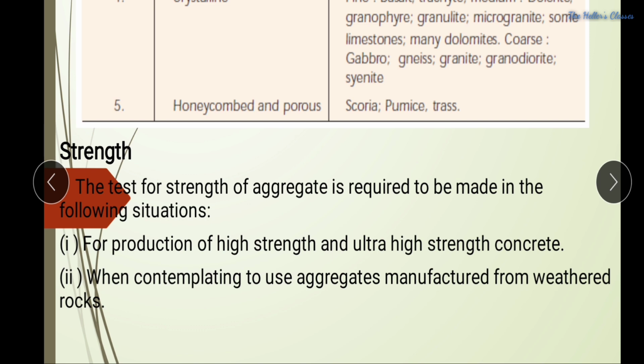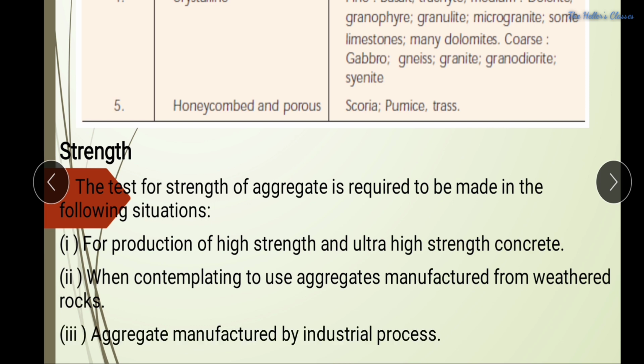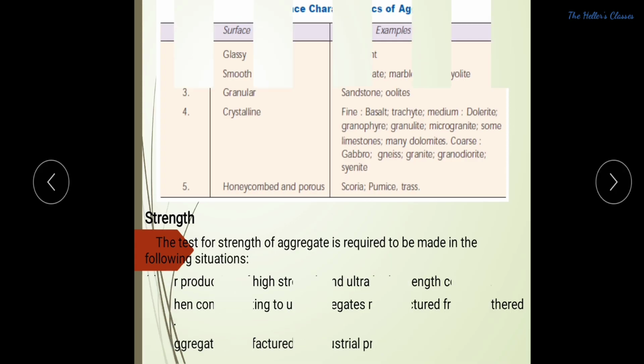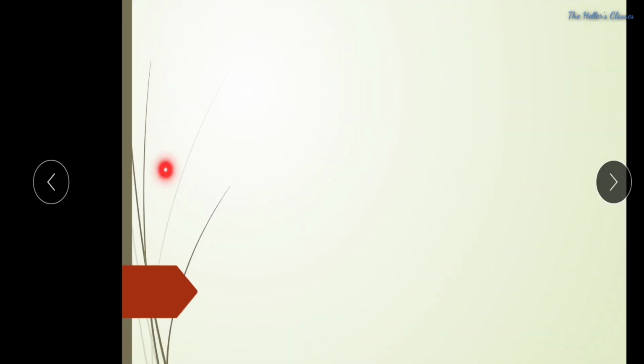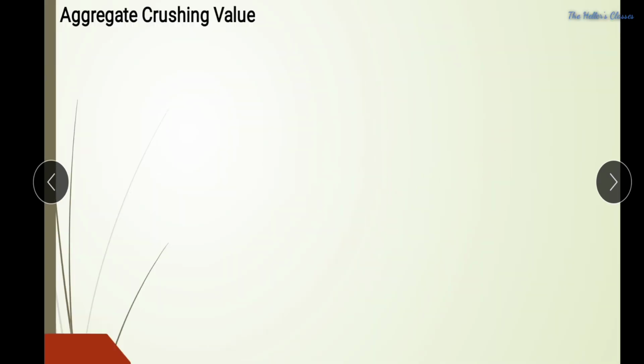In general, for producing high strength or ultra high strength concrete, when choosing to use aggregates manufactured from weathered rock or aggregate manufactured by industries, the strength is also going to vary. That will be discussed in the next testing properties.